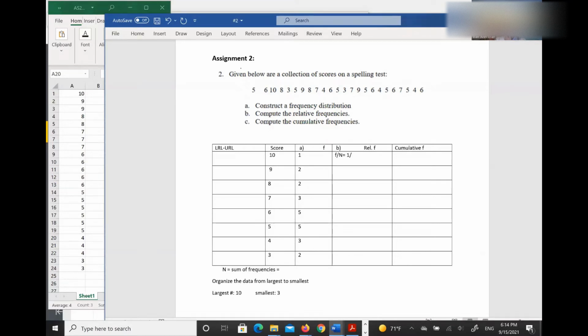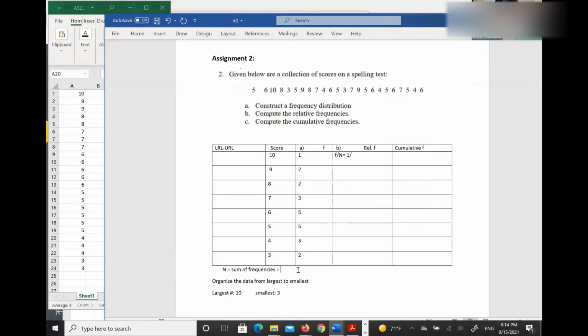Who else got a different answer? Tell me, Evelyn, the sum of the frequencies first. You add all the frequencies up, what do you get? If you add all the numbers in the frequency column, that would be the sample size as well.